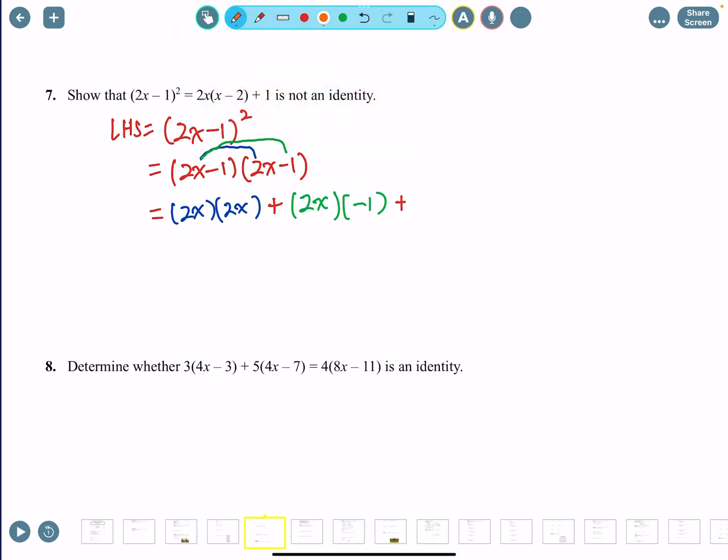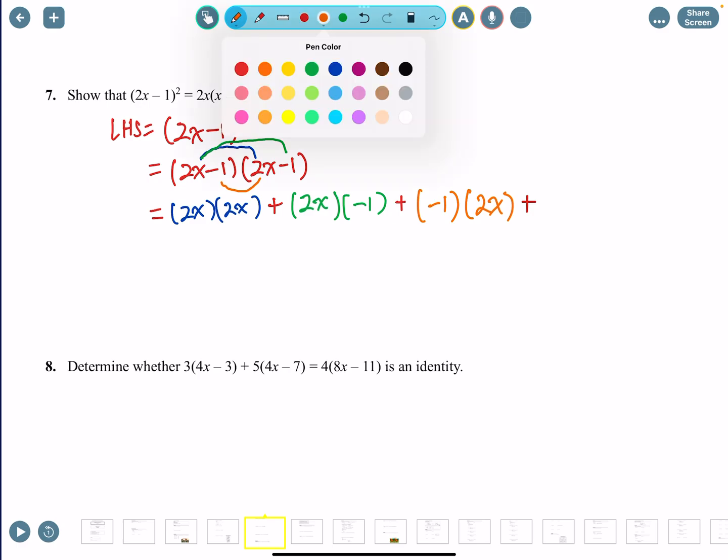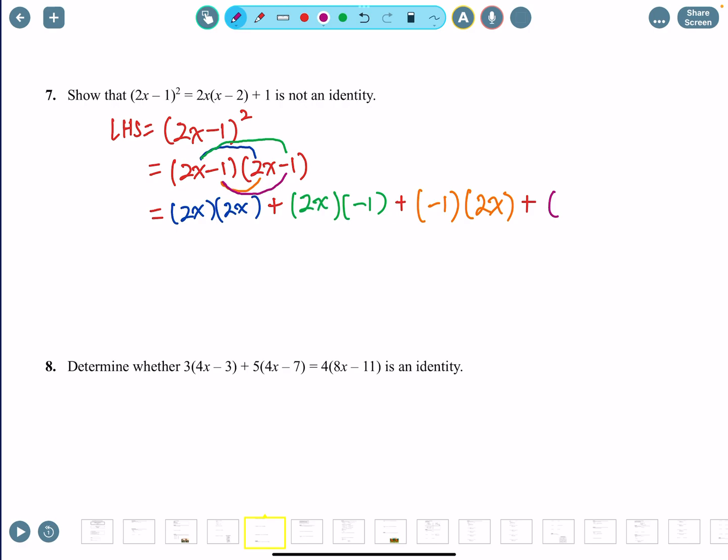Then we change color from negative 1 this time to 2x. You can see that my rainbow always goes from the left bracket to the right one. Never go to the same bracket again. Last color, negative 1 to negative 1. So in total, if it's two brackets like that, it's 4 rainbows.